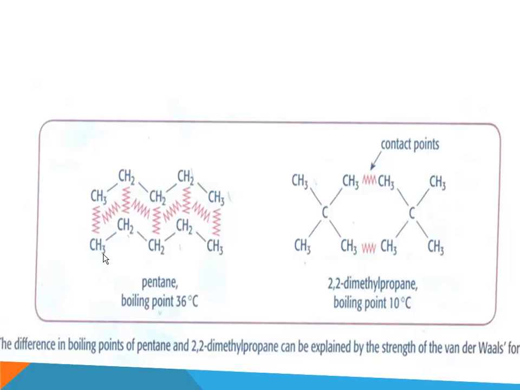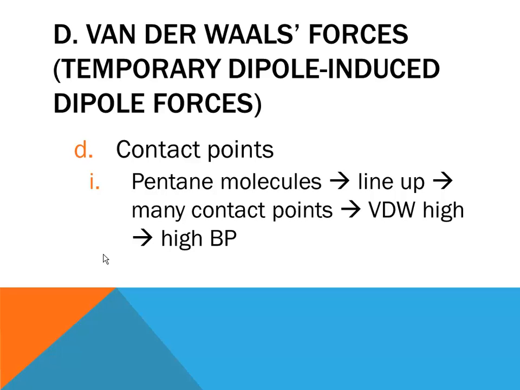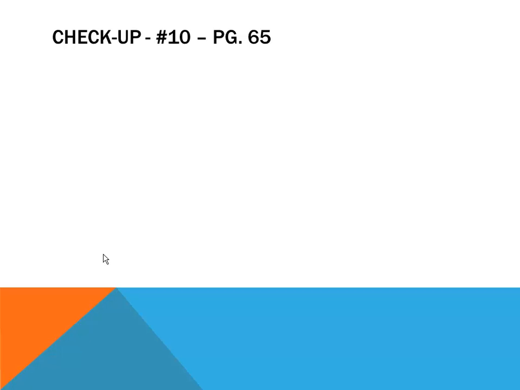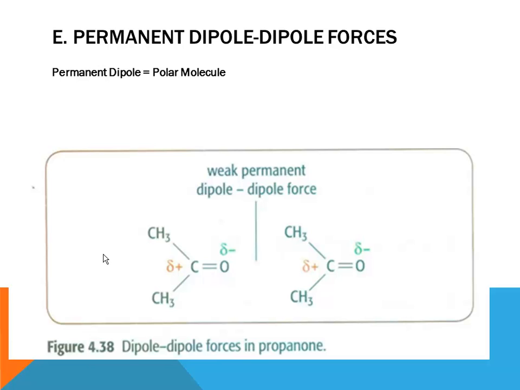So pentane is going to have a higher boiling point and melting point, due to the more contact points of the pentane molecule. So more contact points means van der Waals forces are higher, and a higher boiling point.